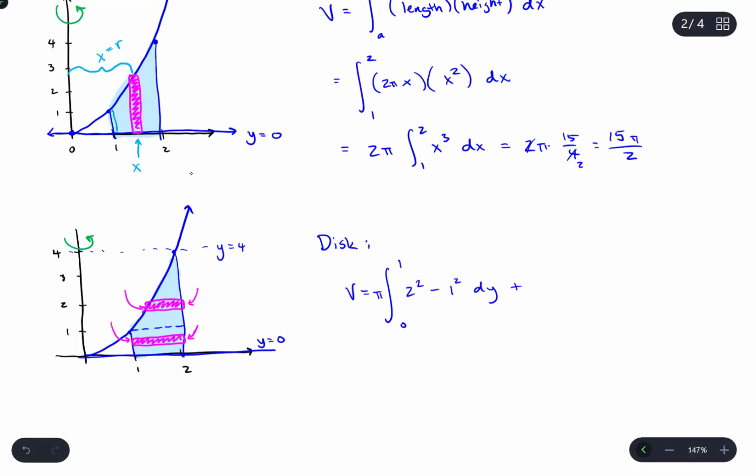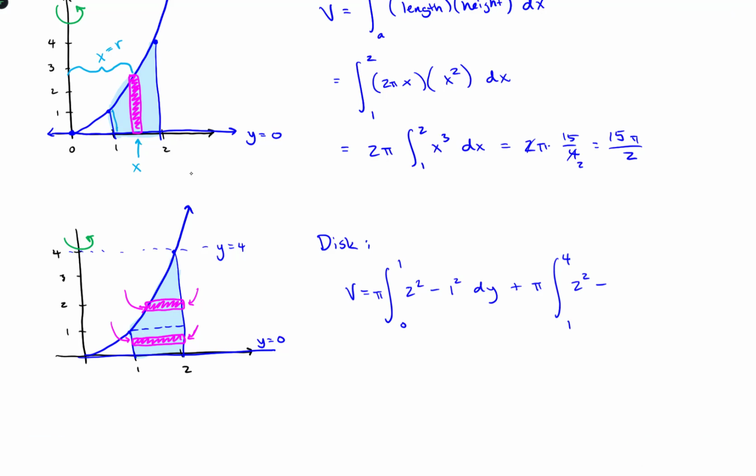Now I would need to add to that the volume of the rotated region from 1 up to 4 of the rest of this. So here the outer radius for the washer method would be 2, and then of course that gets squared from the formula. The inner radius would always be this function right here.